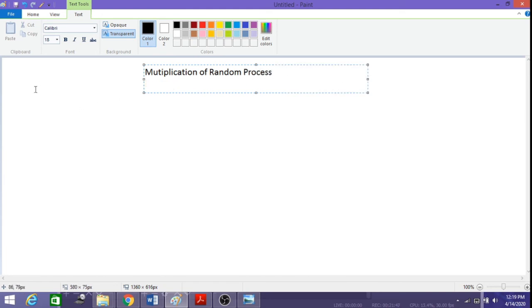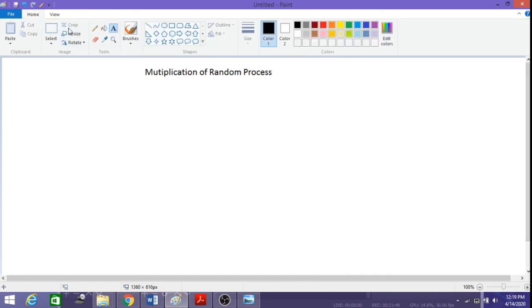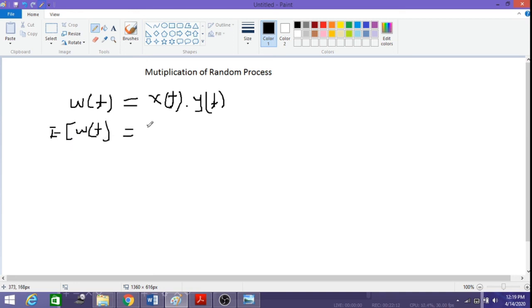If you multiply two independent random processes, then we get W of t is equal to x of t into y of t. If I take an expectation of this W of t, then expectation of x of t with y of t, I'll get here mu x mu y.